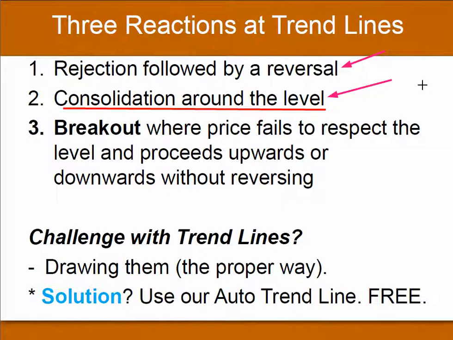The third way is price will just hit your trend line and break through and continue in that same direction. So you could play a rejection or a reversal, or you could play a consolidation. With a consolidation, you don't want to place a trade. You have to wait to see what happens. And of course, a consolidation leads to a reversal or leads to a breakout.